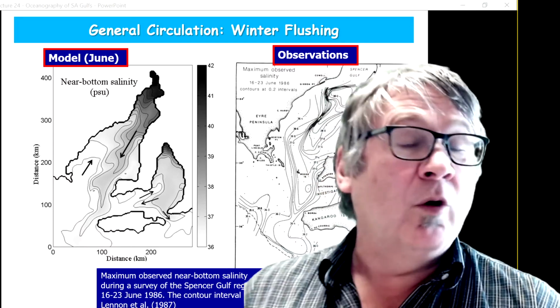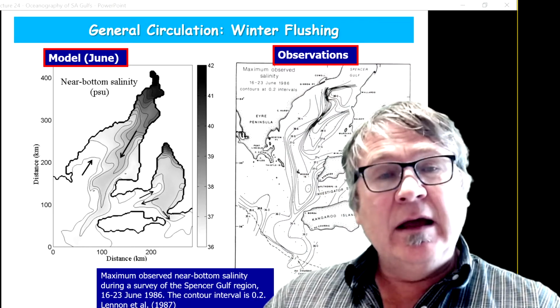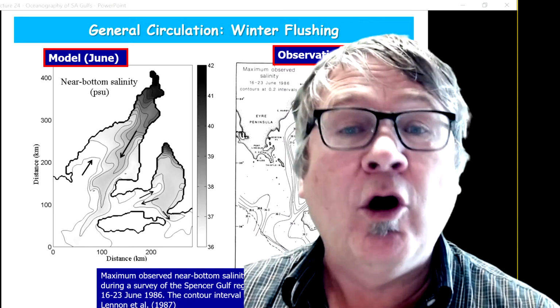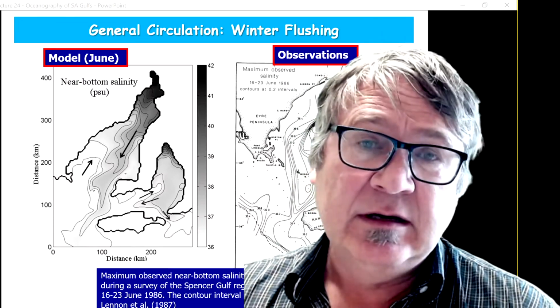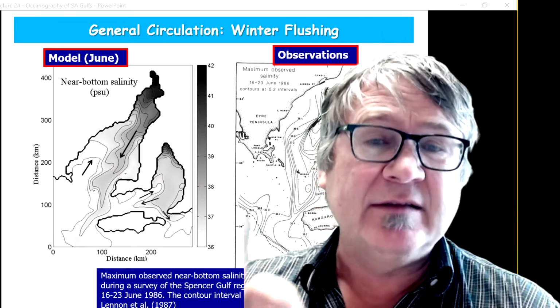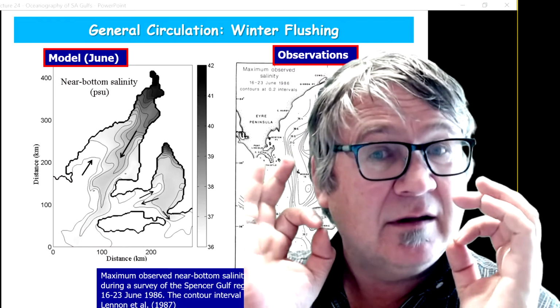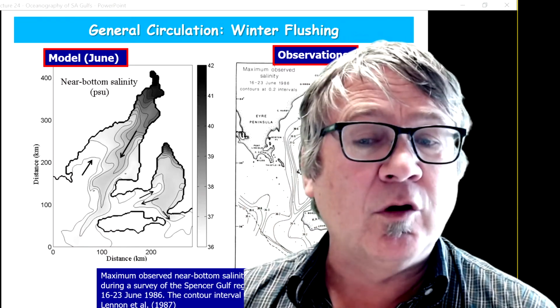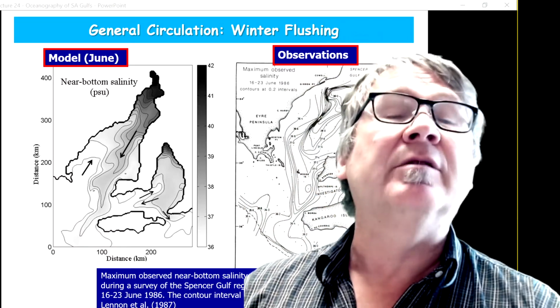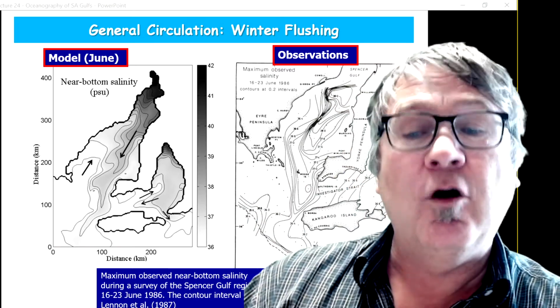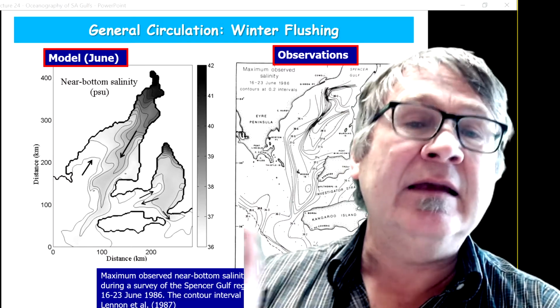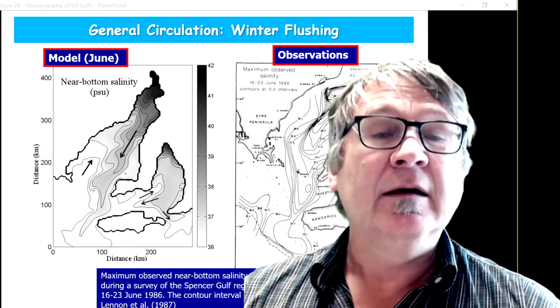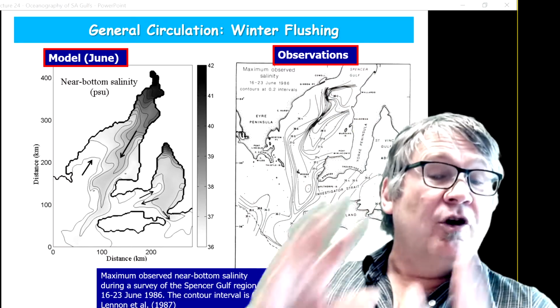So the water is hypersaline, but during autumn it cools down and the salinity further increases, which creates a maximum density difference, and this creates a density-driven outflow. The water flows out, and the outflow creates an inflow of ambient seawater, pushing it into the Gulf. This is the dominant feature.